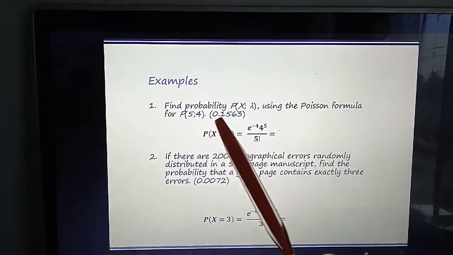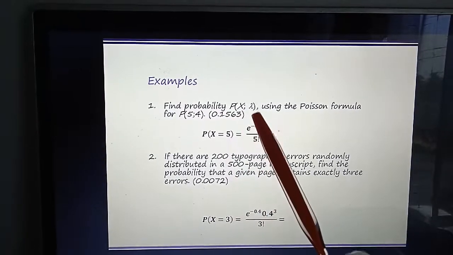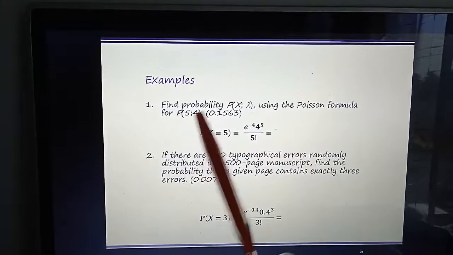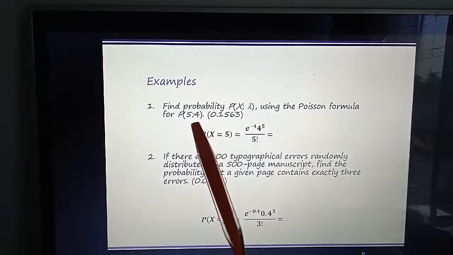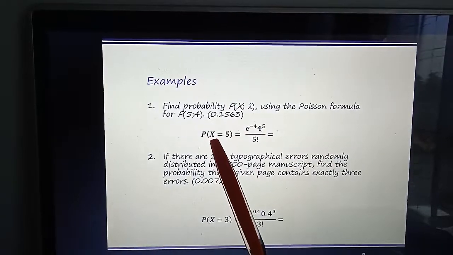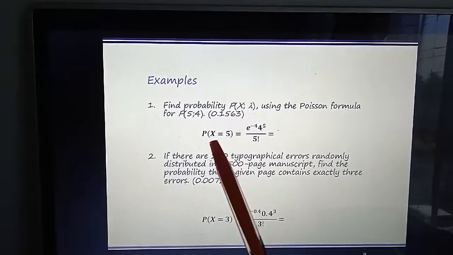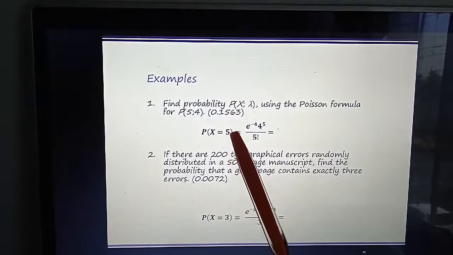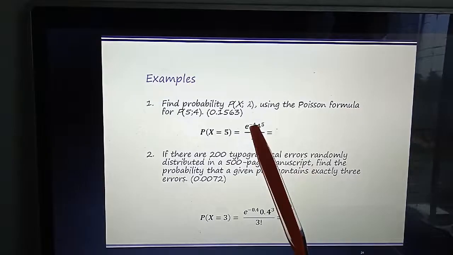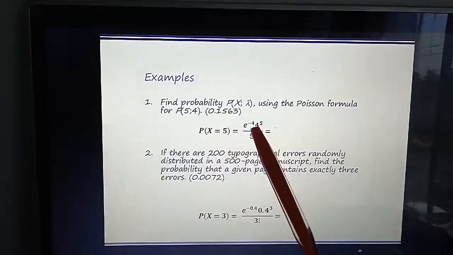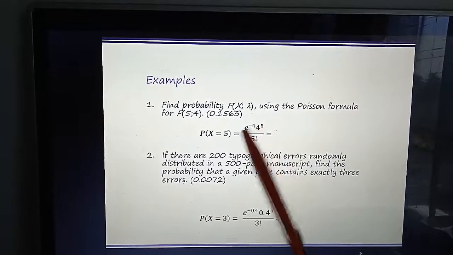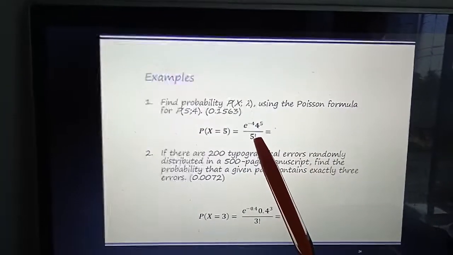Examples: find the probability P(x; lambda) using the Poisson formula when x is 5 and lambda is 4. Using the formula, the probability for the Poisson distribution where the random variable equals 5 is e power negative lambda, which is 4, times lambda power x, which is 4 power 5, over x factorial, 5 factorial.